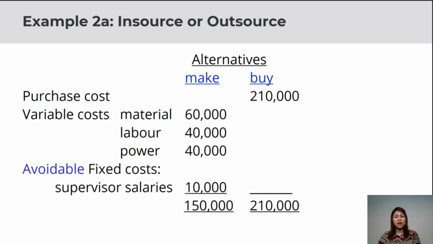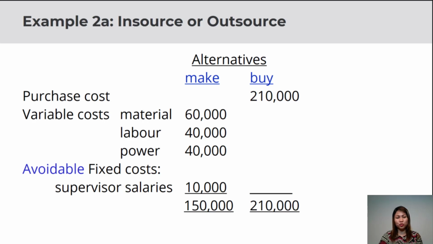Variable cost, if you are going to keep making it, the first type is direct material, equal to 60,000 in total for 1 million desserts. Labor will cost you in total 40,000, power 40,000, and 10,000 fixed cost, supervisory salary, which is avoidable if the desserts were purchased from a Melbourne bakery. However, the 10,000 reduction in supervisory salaries will not reduce the purchase price of the dessert. Therefore, it will be an additional cost if you keep making the dessert in-house.